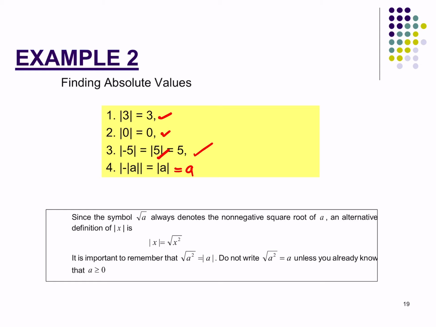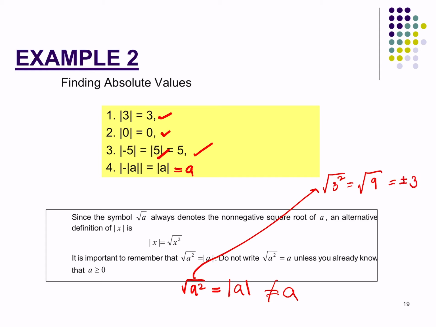And next, it is important to remember that the square root of a squared is equivalent to the absolute value of a, not just a. Why is that? Because in this case, for example, the square root of 3 squared is equivalent to the square root of 9, and the square root of 9 is equivalent to plus or minus 3.